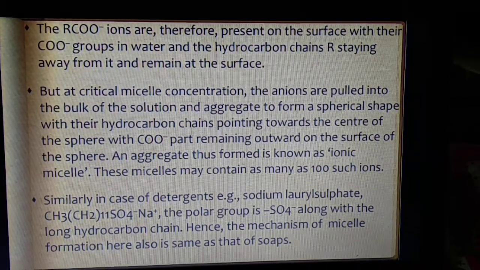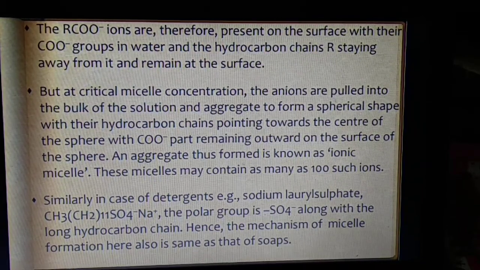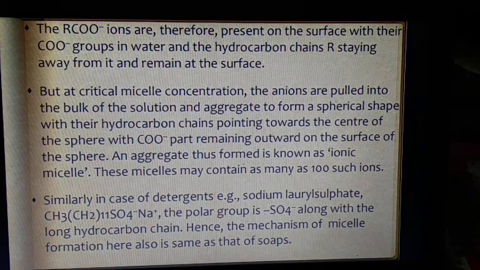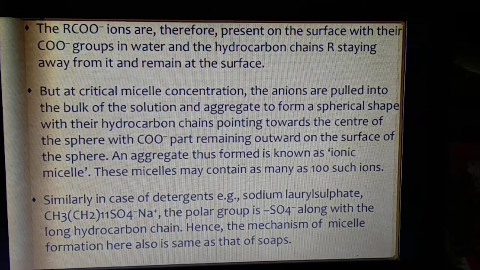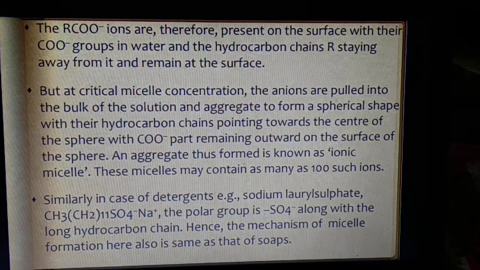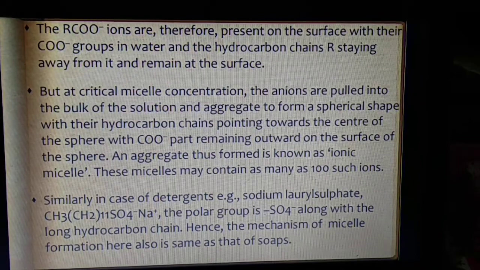Similarly, in the case of a detergent, for example sodium lauryl sulfate, that is CH3(CH2)11SO4⁻Na⁺. Students, you know that soap is the sodium or potassium salt of a higher fatty acid, whereas a detergent is the sulfate salt.